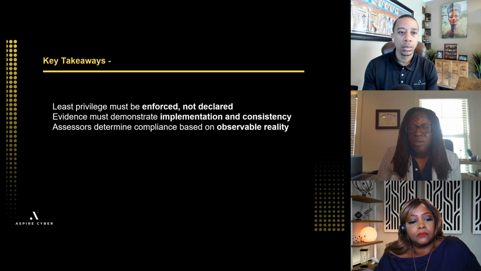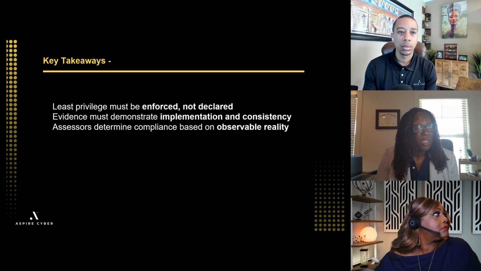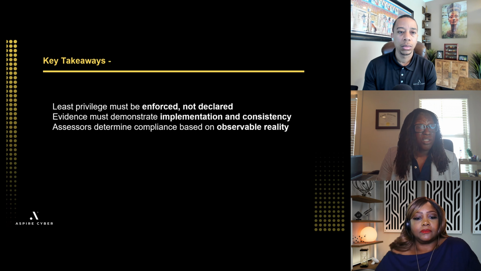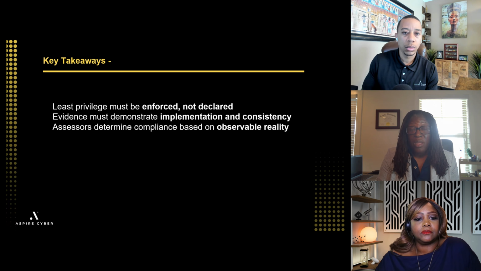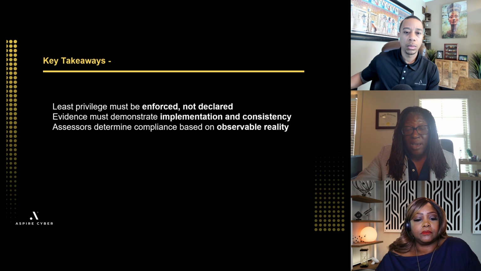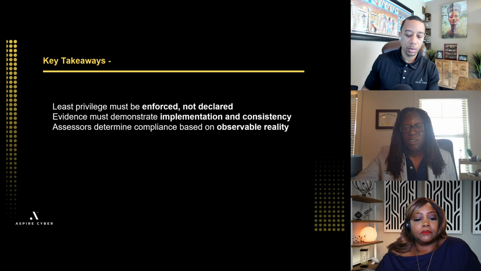As an assessor, you must be able to determine that compliance based upon what is real, not what the organization plans on doing in the future, but what they are doing right now. That is the big difference.